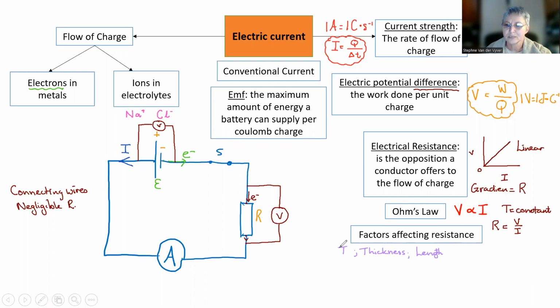So the higher the temperature, the higher the resistance. The thicker the wire, the lower the resistance. The longer the wire, the higher the resistance, and then the type of material. Copper has a much lower resistance than carbon or many other metals.